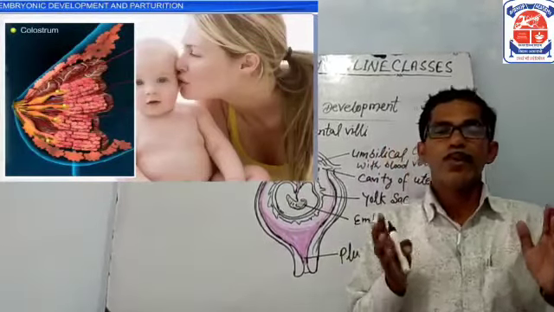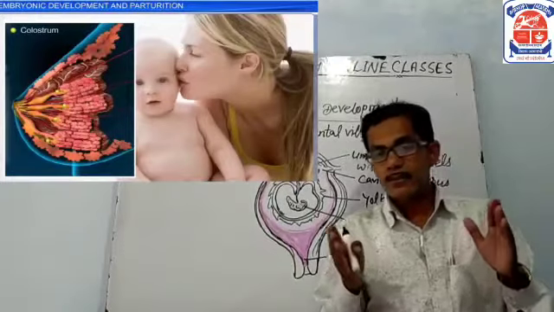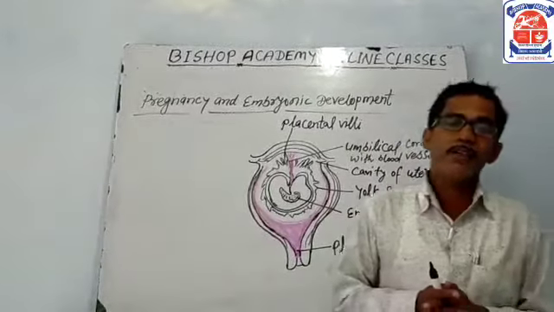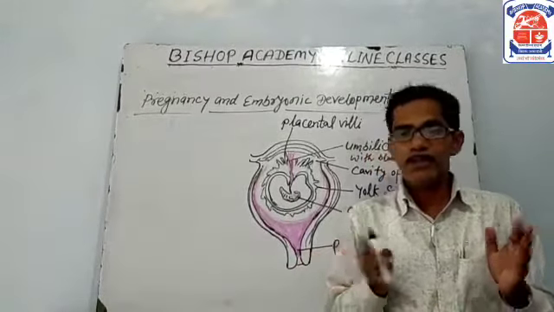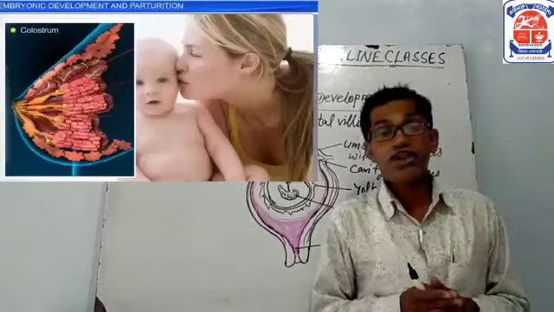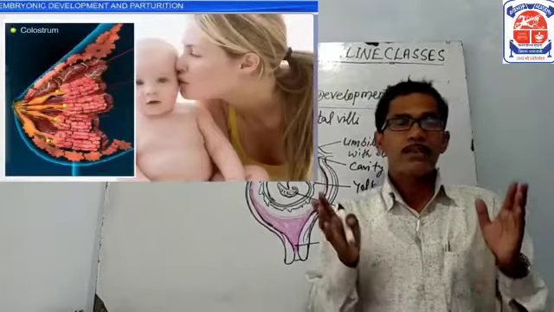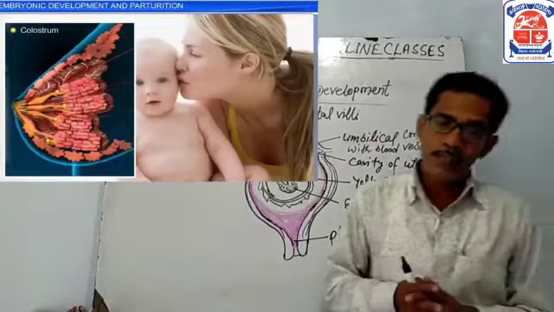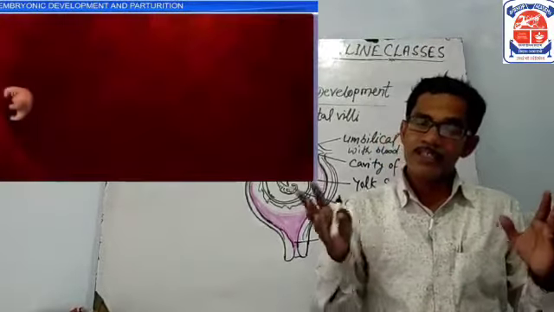The milk produced by the mother during the initial days of lactation is called colostrum, which contains antibodies and is also essential to develop resistance in newborn babies.